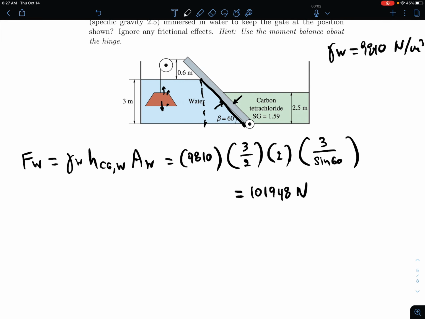Because we're going to use a moment balance, we also need the line of action, the center of pressure for the pressure force of the water.